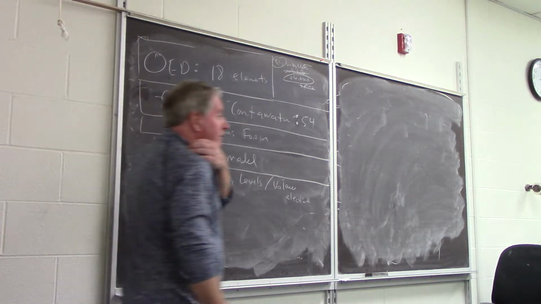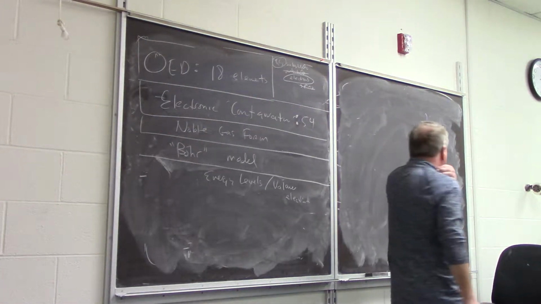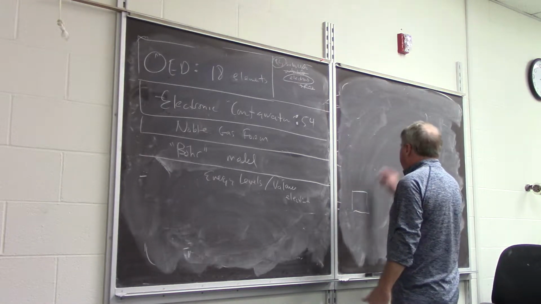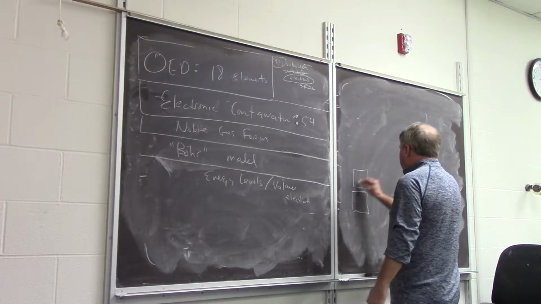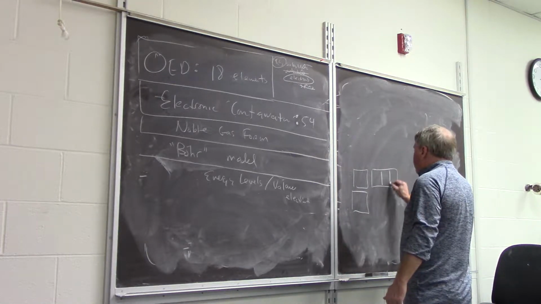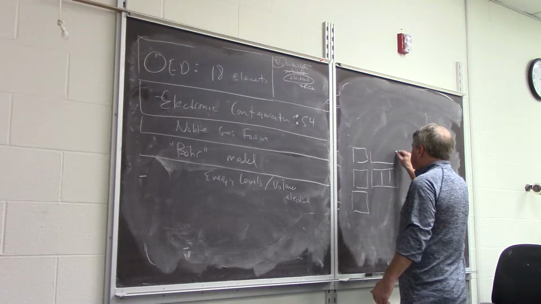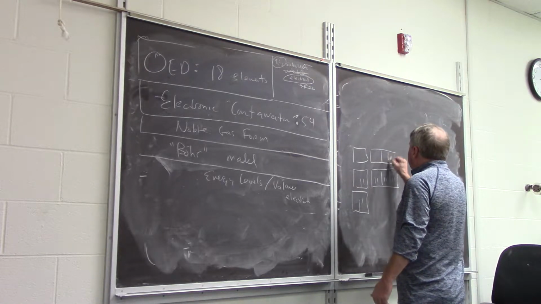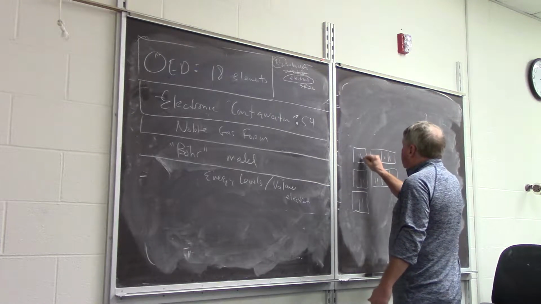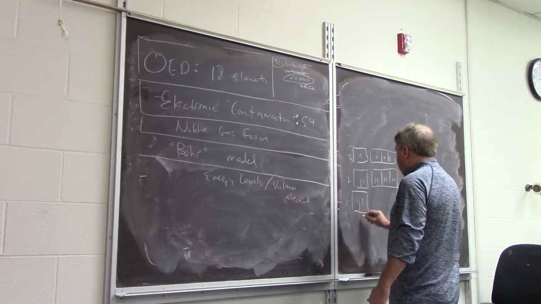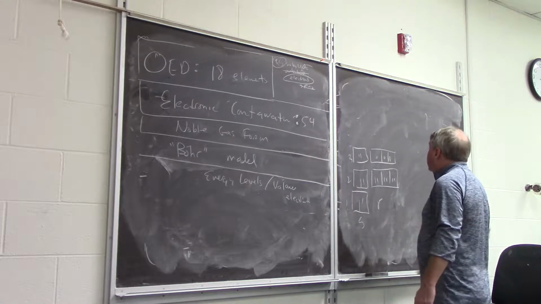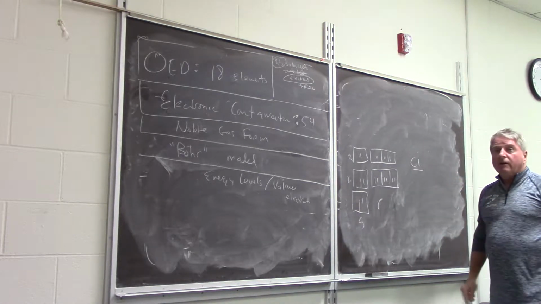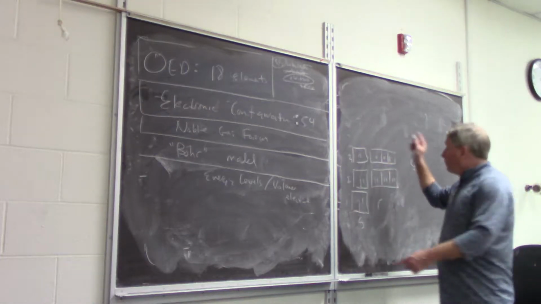So I'll start out with the orbital energy diagram, and we'll do oxygen. Then we'll do chlorine. So this is chlorine, and this is the orbital energy diagram.